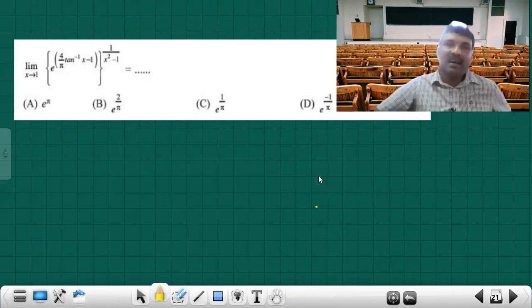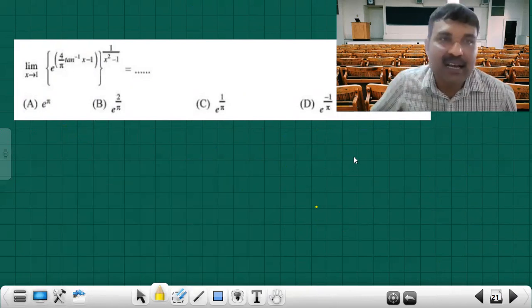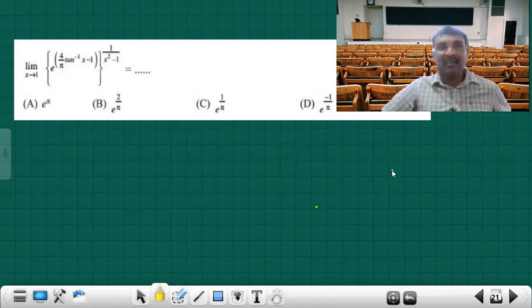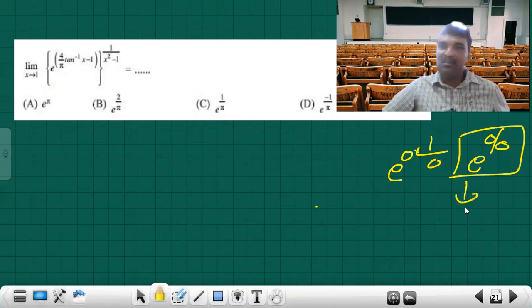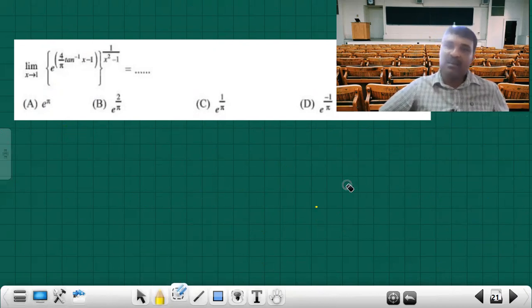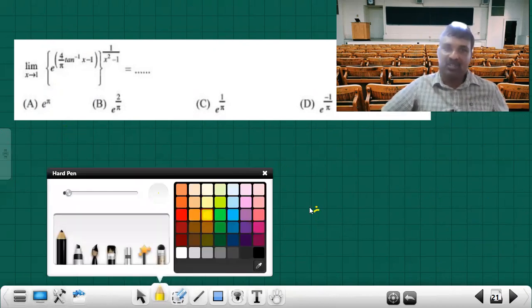If you are directly applying the limit, then we get e raised to 4 by pi times tan inverse 1, and tan inverse 1 is pi by 4, so 4 by pi times pi by 4 is 1, minus e raised to 0, into 1 by x square minus 1, which is 1 by 0. So this is an indeterminate form, and we can't apply the limit directly. So we have to make some mathematical manipulations.